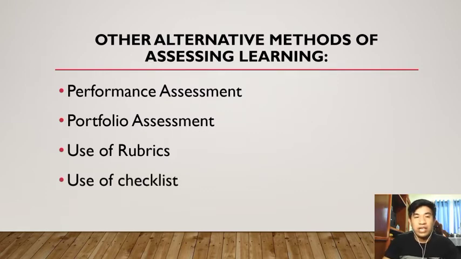So, the use of checklist. A checklist is very understandable and very common. The use of a checklist can also be considered an alternative method of assessing learning. Why? Because through a checklist, the students may be able to assess the performance or the learning of their peers and also themselves.